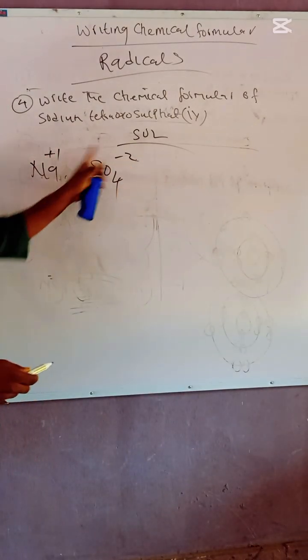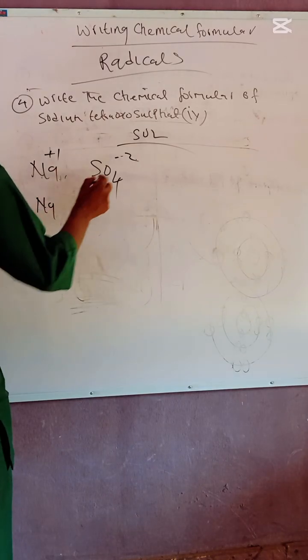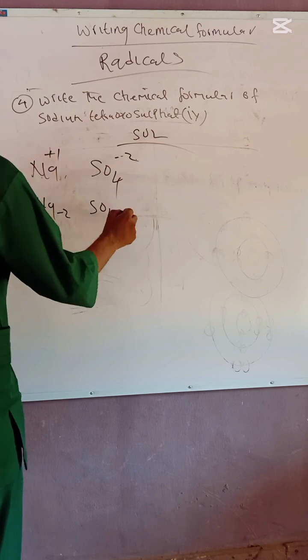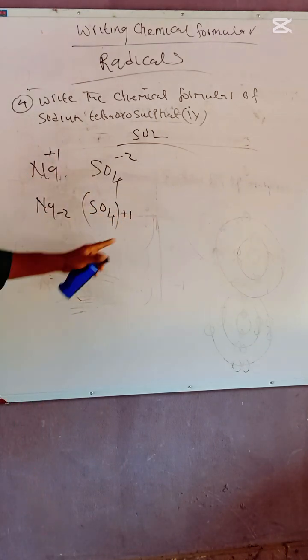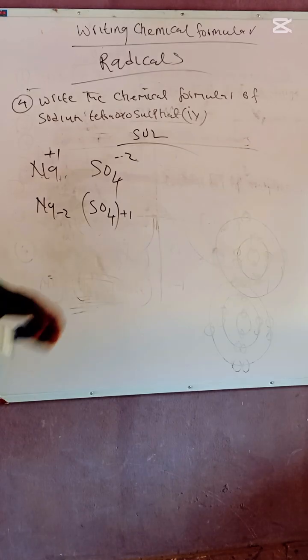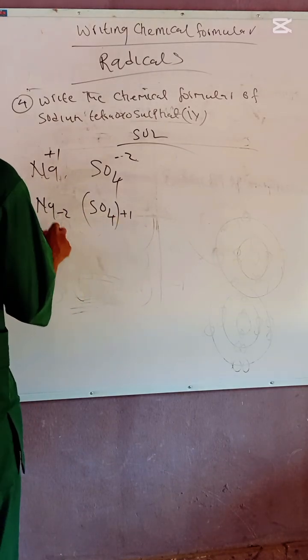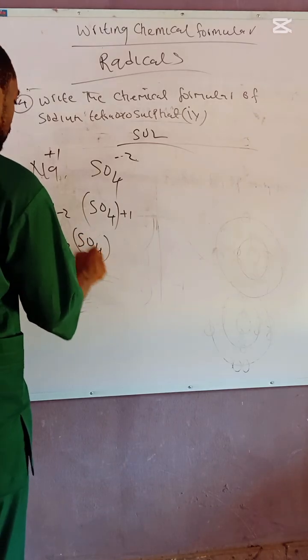Then we interchange the sign, following rule number 3. Na carries -2 and SO4 carries +1. Then we omit the signs. So we have Na2 SO4 1.